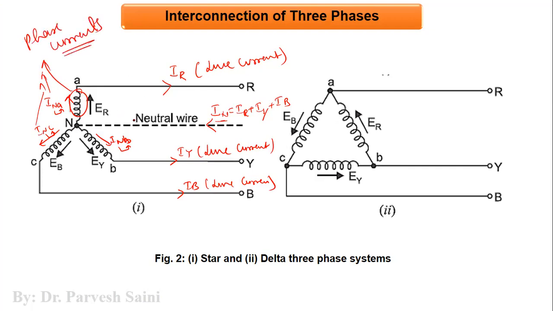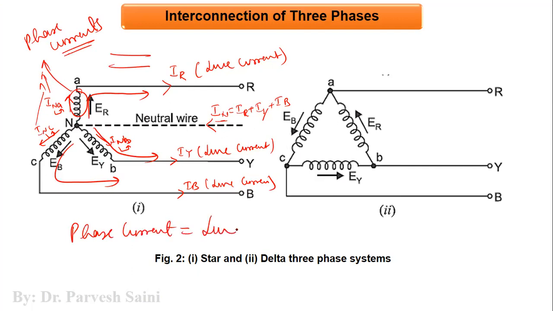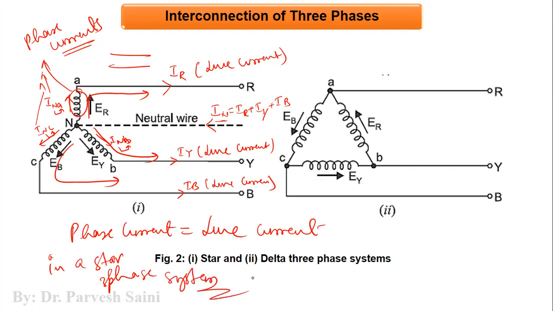In case of a star system, the same current is flowing through the line, so we will say that phase current is equal to line current in a star three phase system. This is what we need to understand.